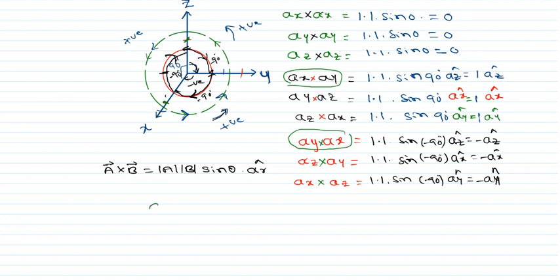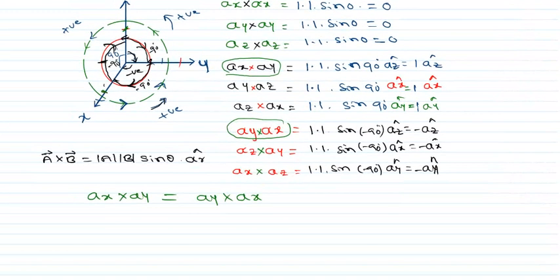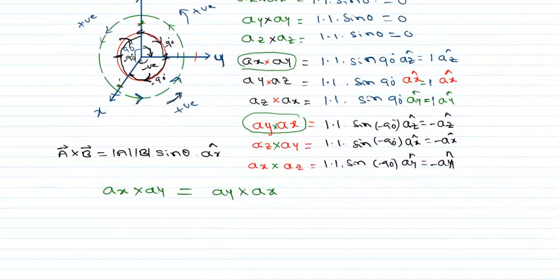Can I write ax cross ay is equal to ay cross ax? It's not possible, right? Because here we have positive az and here we have a negative az. That is the reason we can write it as minus of ay cross ax. So I can conclude here, this cross product will not obey the commutative law.